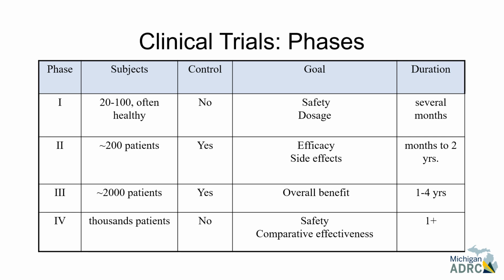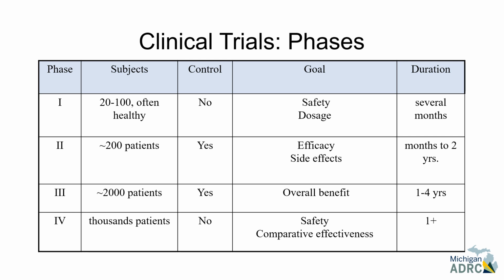In phase 2, patients are typically studied, and there is a control group. There's further information collected about side effects, but importantly, this is the phase where we start to examine whether the drug is having a desired effect. And so this would typically be a longer duration of treatment from several months to possibly 1 or 2 years.